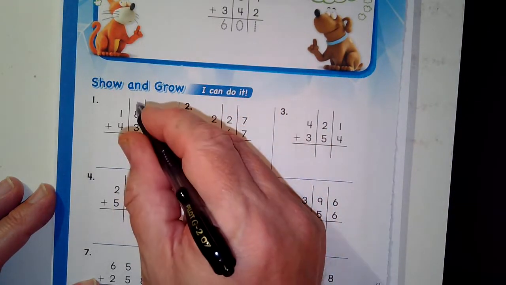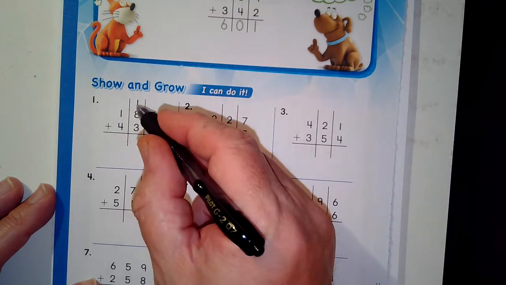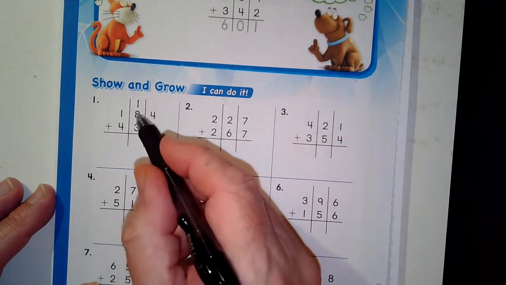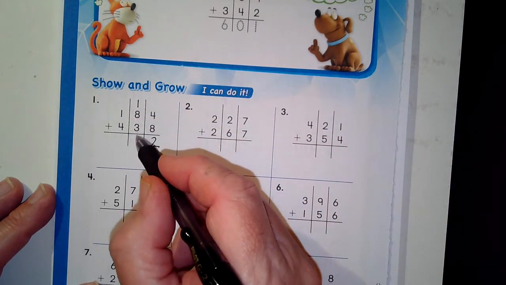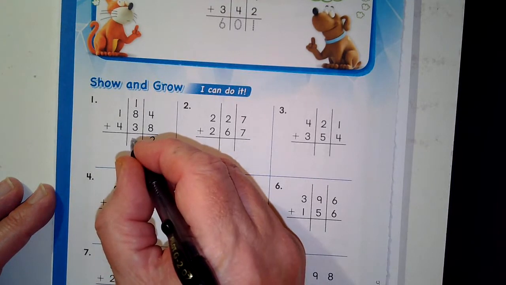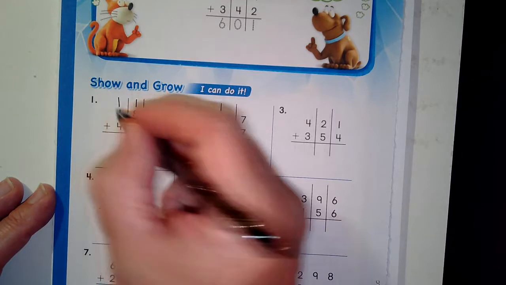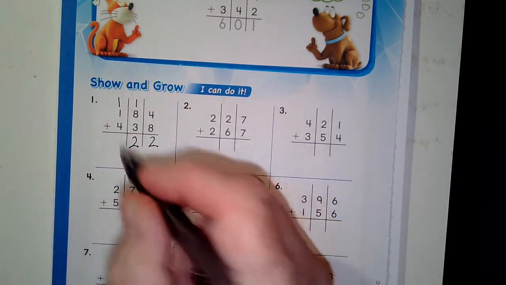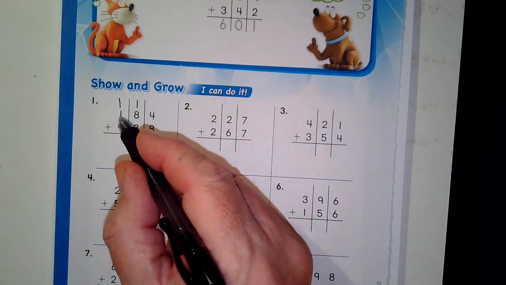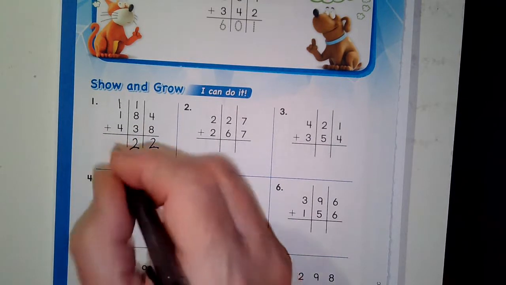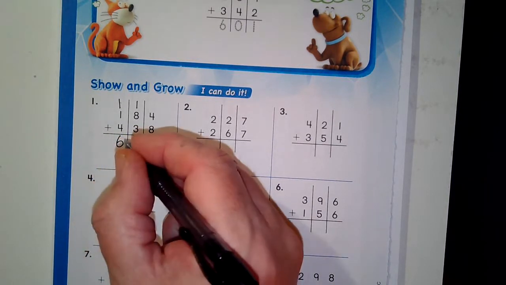There's a 2 down here and 1 up here. 1 plus 8 is 9. Plus 3 more is another set of 12. So my 2 goes here and my 1 comes up on top. So I have 1 plus 1 is 2, plus 4 is 6.